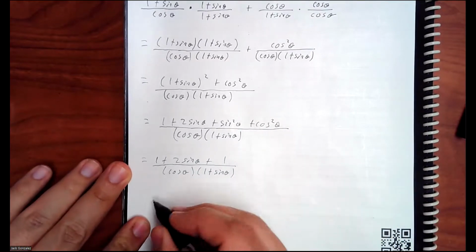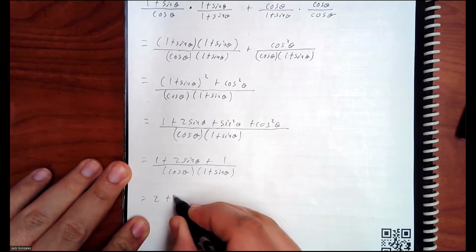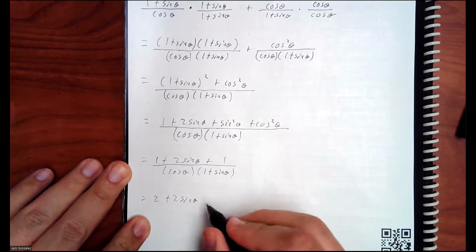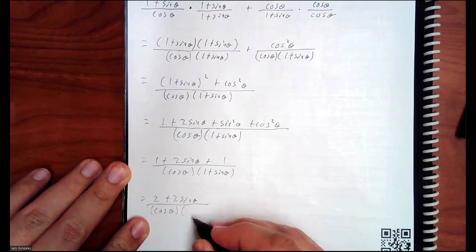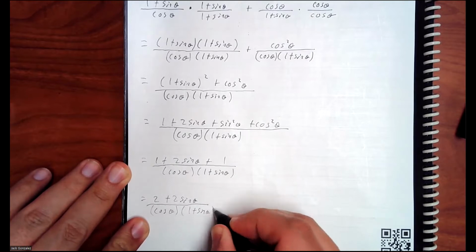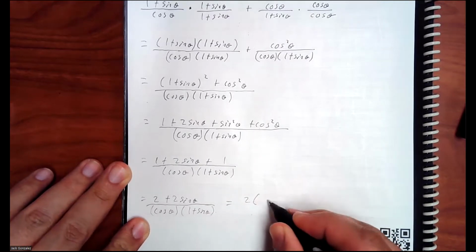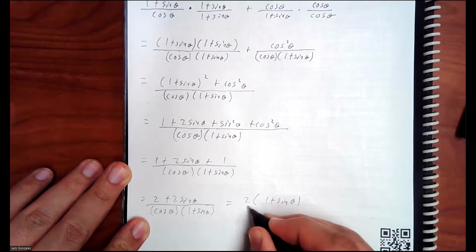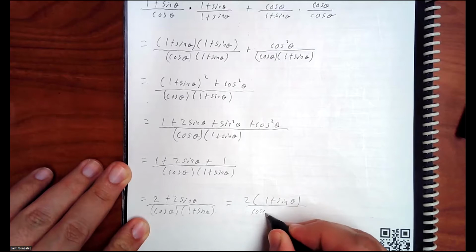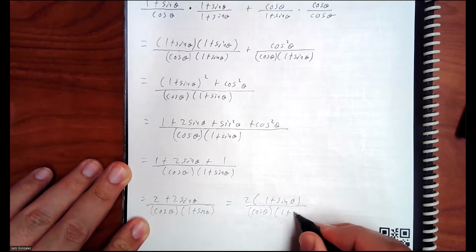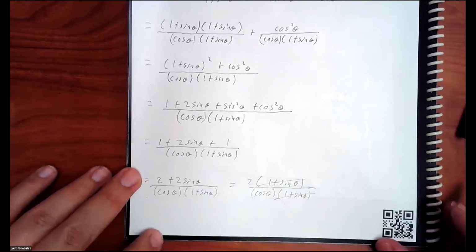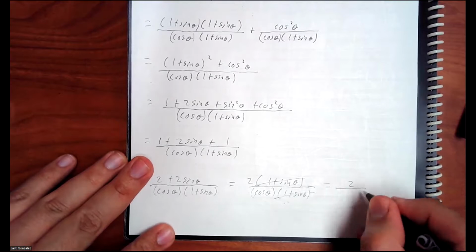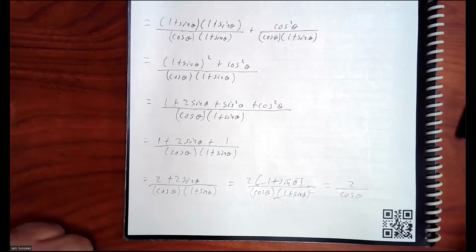So that'll give us a 2 plus 2 sine, right? Now factor that 2 out, and you should see something cancel. See where we're going with this, right?